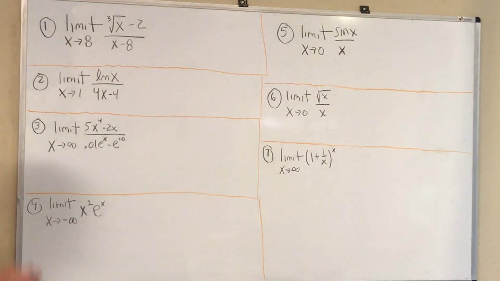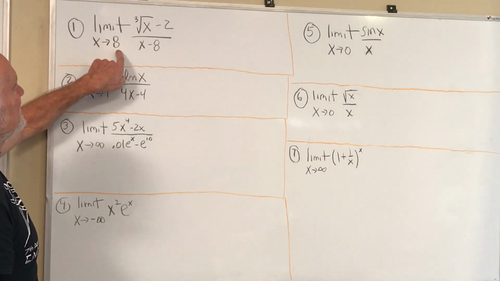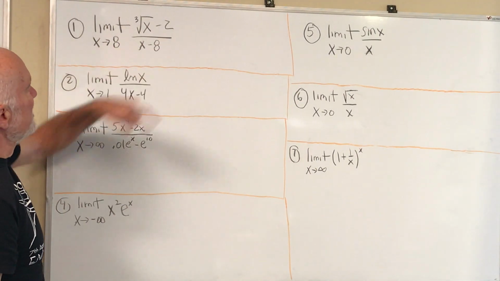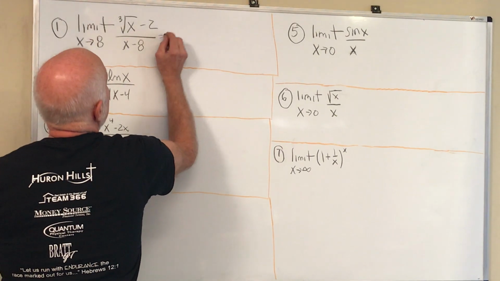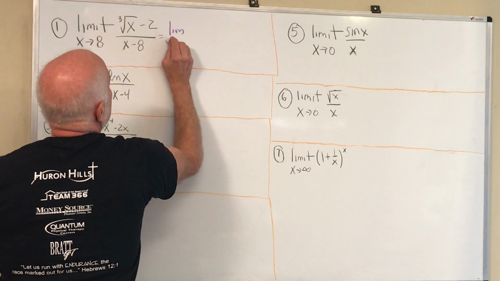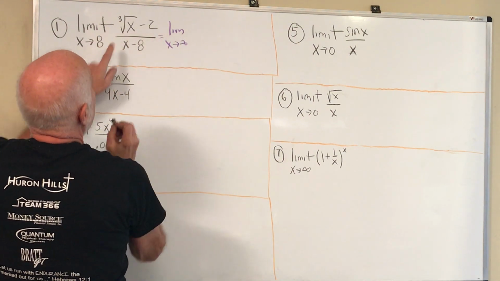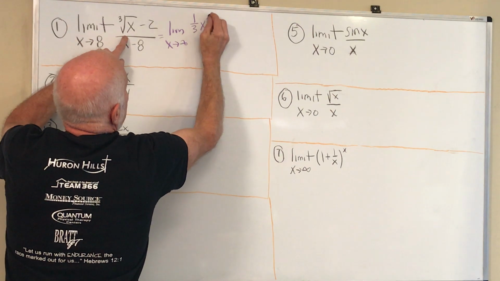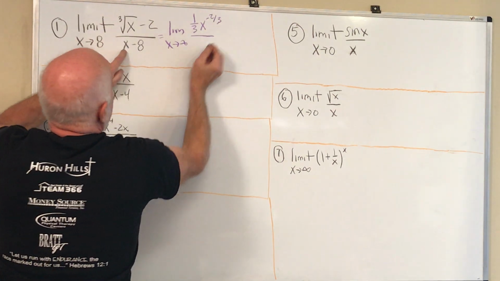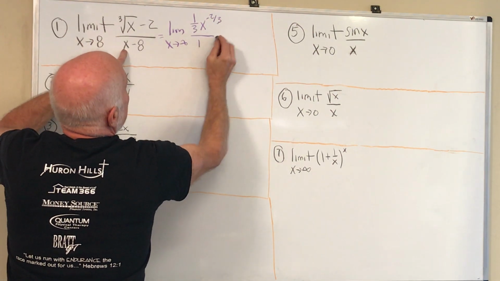So the first one, when we plug in 8, we get 0 over 0. L'Hopital. So we take the derivative of x to the 1/3, and the derivative of x is 1.